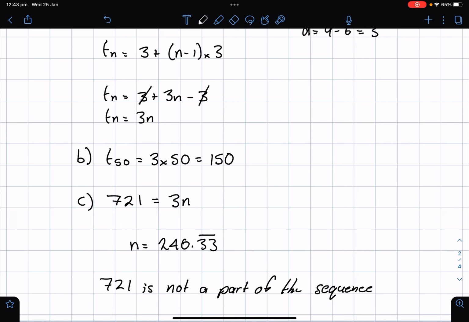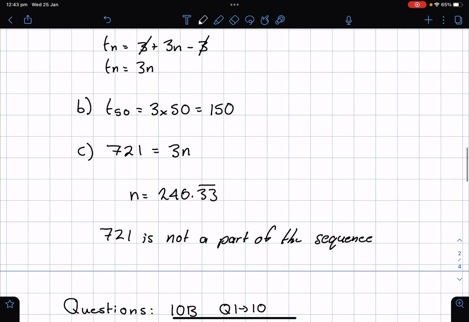Just like that. So super simple, just a quick test. Substitute in the value you want to find a part of the sequence in for Tn, and then solve for n. And if it's an integer, it's a part of the sequence. If it's not an integer, then it's not a part of the sequence, all right?